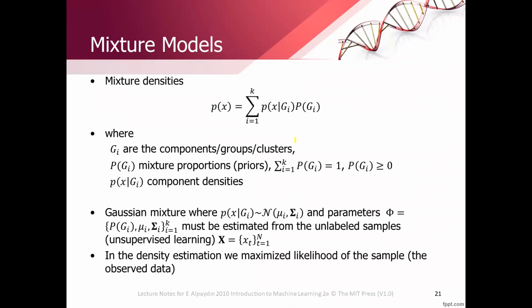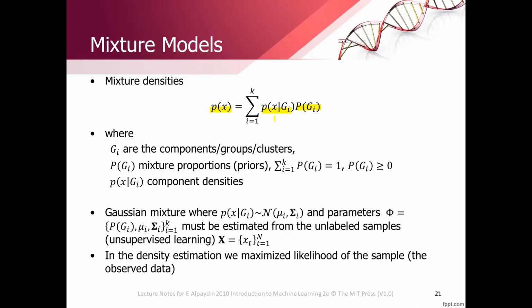Mathematically, it's very easy. The probability of observing some vector x is the probability of cluster i, the probability of belonging to a cluster without knowing anything about the values of the observation, times the conditional probability: if we assume the observation is from cluster i, what is the probability that we see observation x? And we sum all these probabilities.